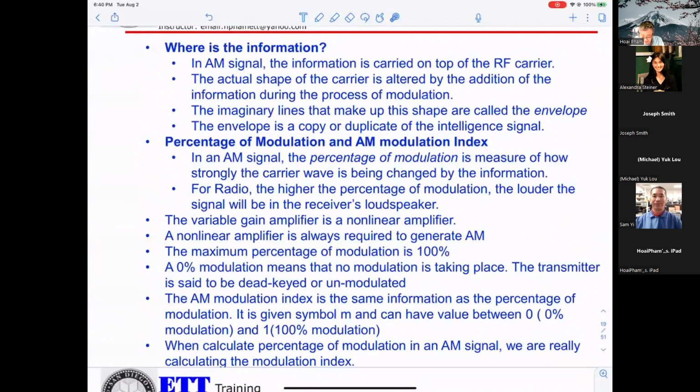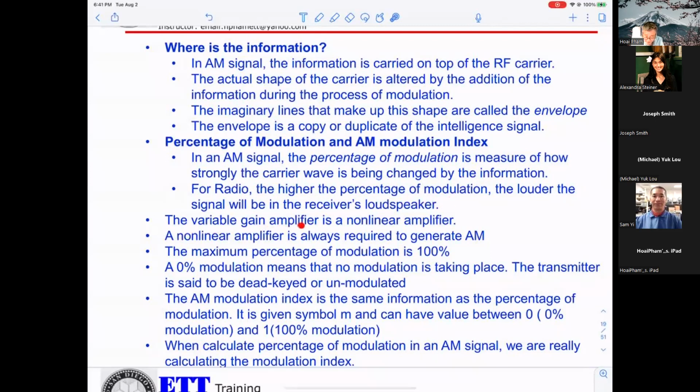Percentage of modulation and AM modulation index in an AM signal. The percentage of modulation is a measure of how strongly the carrier wave is being changed by the information. For radio, the higher the percentage of modulation, the louder the signal will be in the receiver loudspeaker.